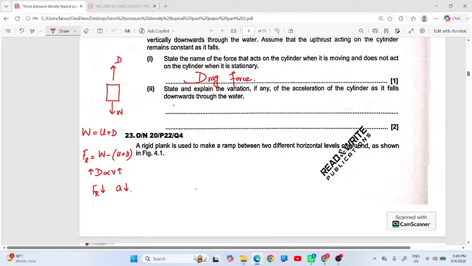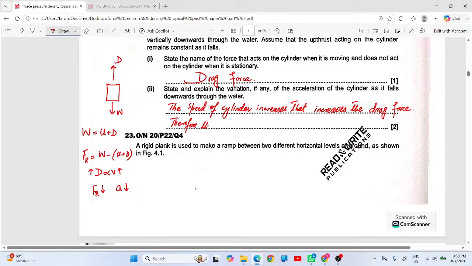हाँ, तो हम लिखते हैं the speed, drag force. तो इसमें हम लिखते हैं कि the speed of cylinder increases, that increases the drag force. ठीक है.